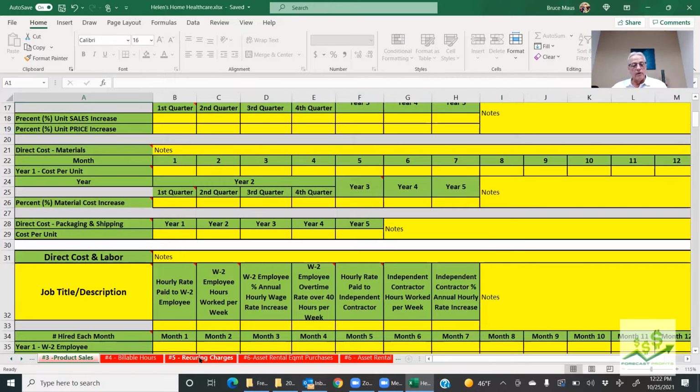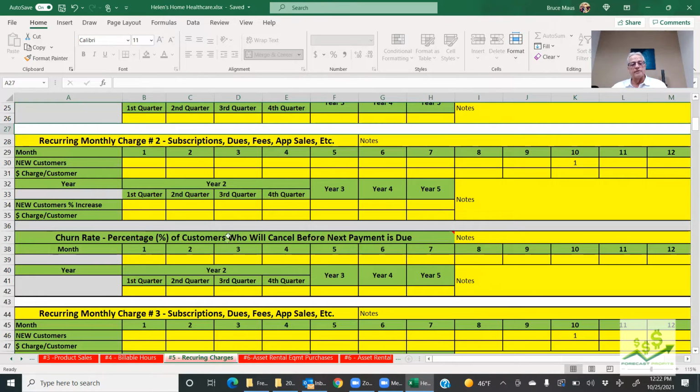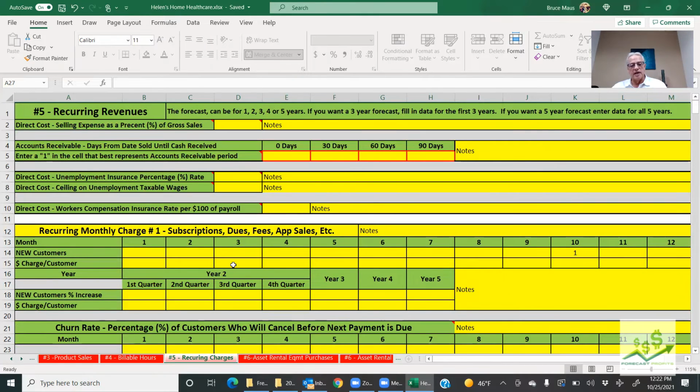Next, the one that I want to cover is recurring charges. So many businesses started today are over the internet, where you charge a subscription or monthly fee to your client. Now, most businesses are month-to-month fees. So it's important that you know enough about your business of what your churn rate is as you acquire new clients, because clients will join for a few months and then leave.